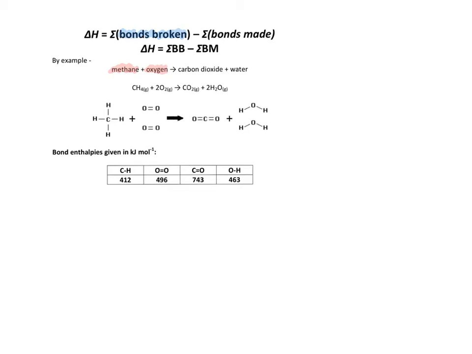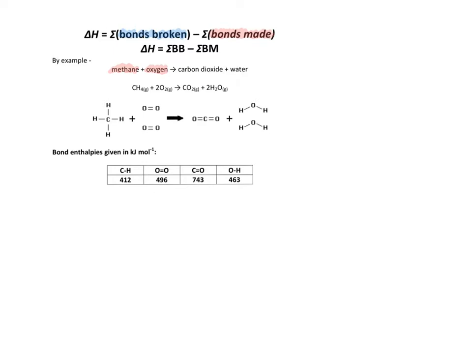In this reaction as well, as again with all reactions, or pretty much all reactions, some new bonds are going to be made. Making bonds is an exothermic process. You have an attraction being made. In terms of bonding, that's an electrostatic attraction between oppositely charged species, whatever those oppositely charged species may be in this case, and energy is released.